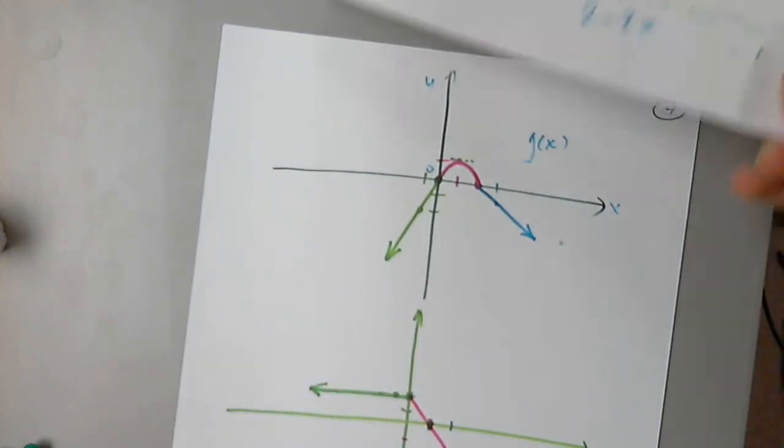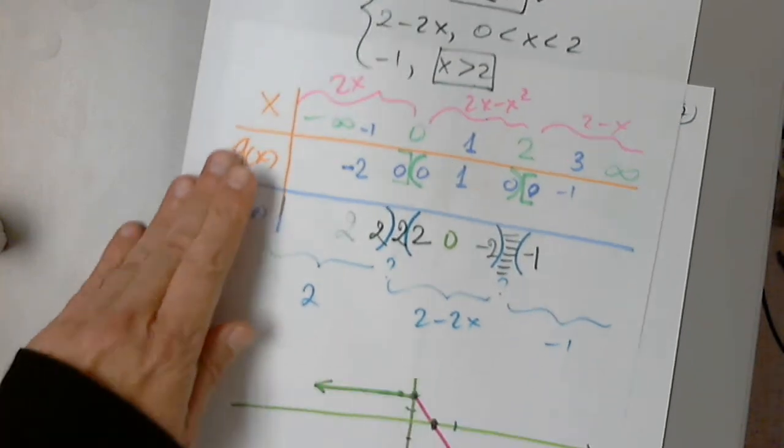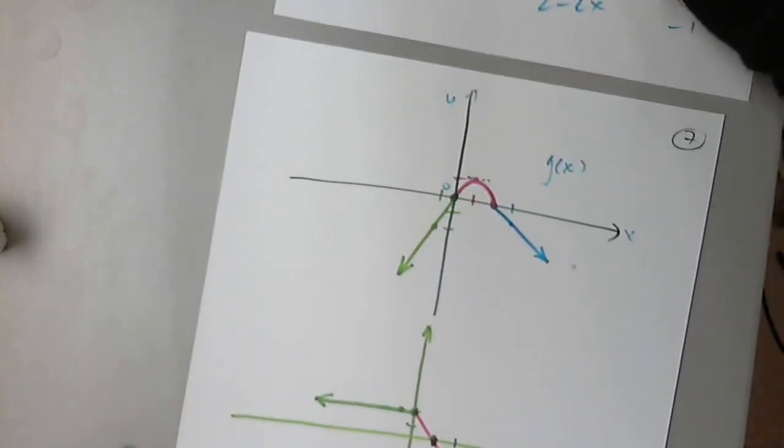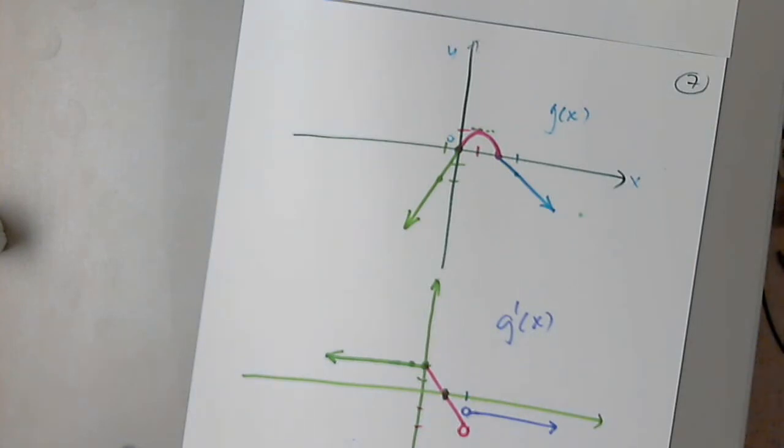And finally on the other side, for the third branch, let's do this in blue, is negative 1 and continues forever. So this is g prime of x.